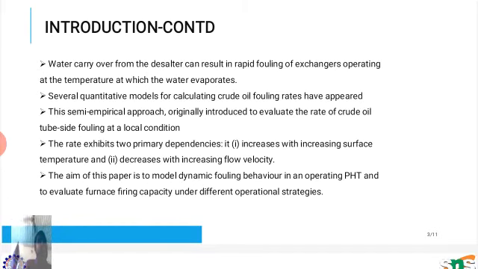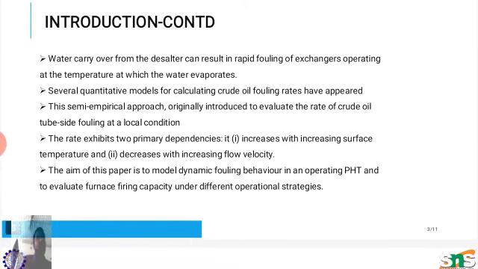Complete mitigation of fouling in refinery PHTs is rarely achieved, and periodic cleaning of fouled exchangers and the scheduling problem of when and which units to clean have been widely researched within the numerical optimization community.